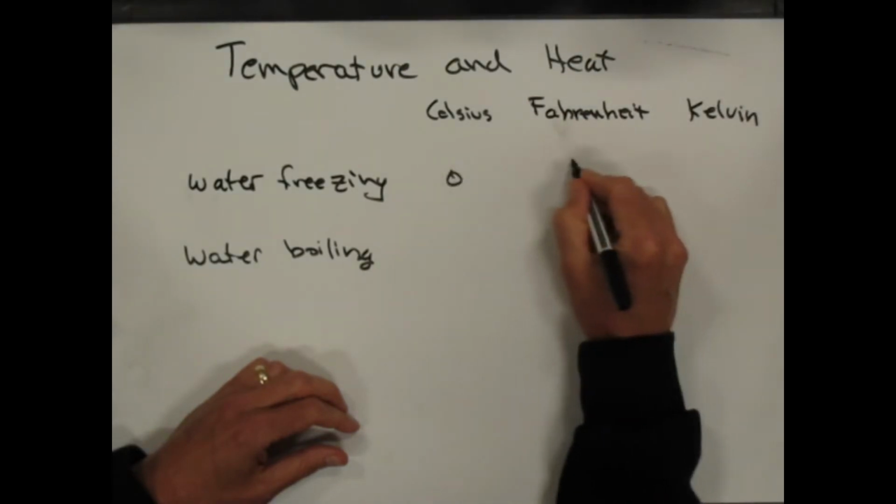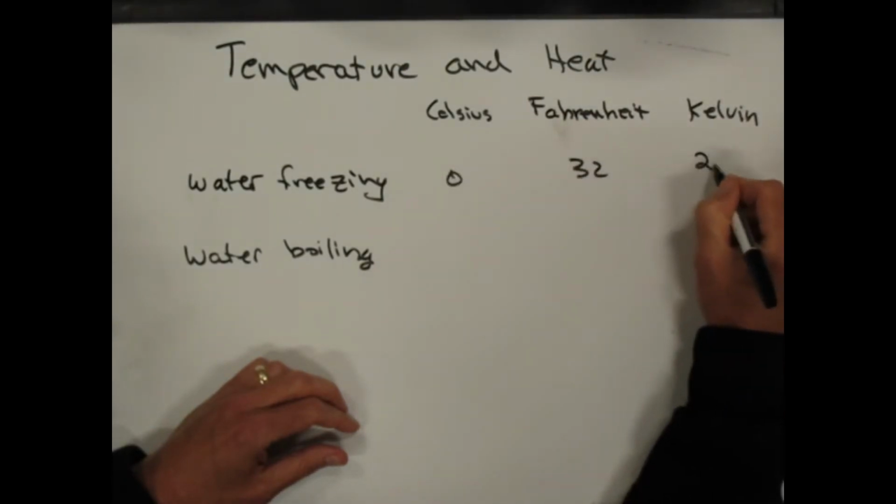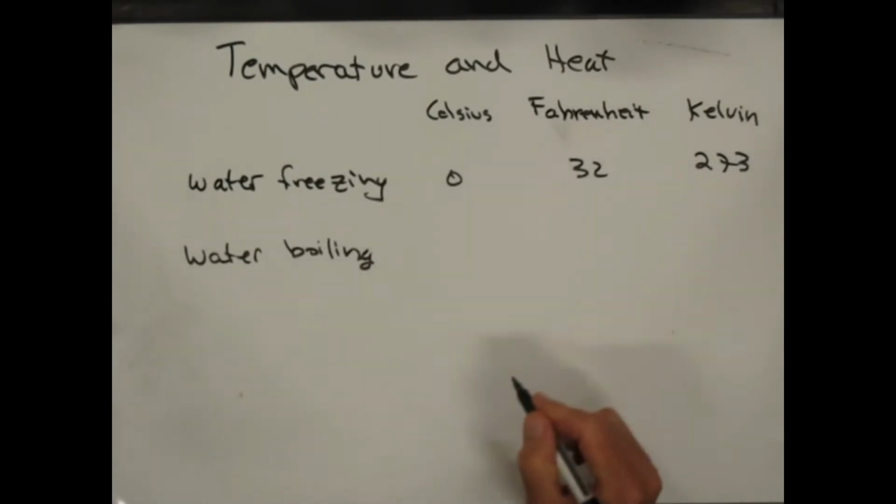So this is 0, this is 32, and this is like 273. I think it's 273.15, but it doesn't matter.